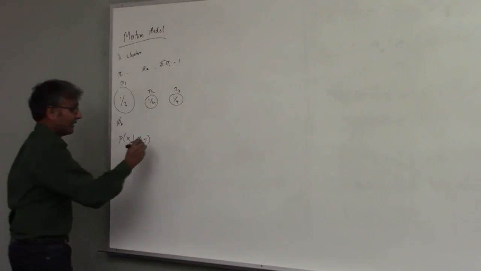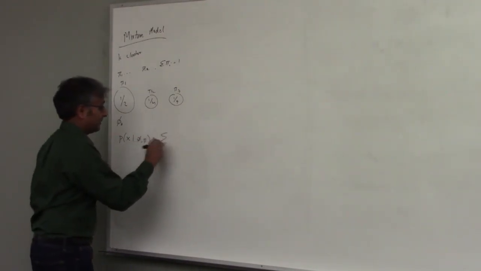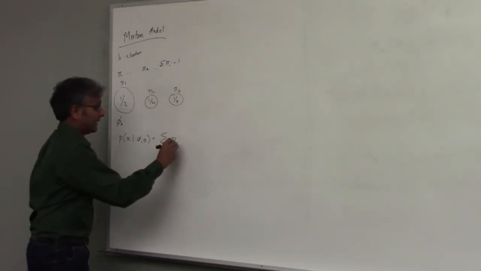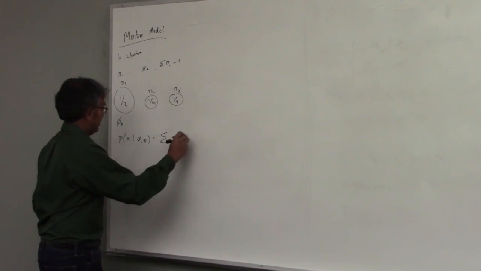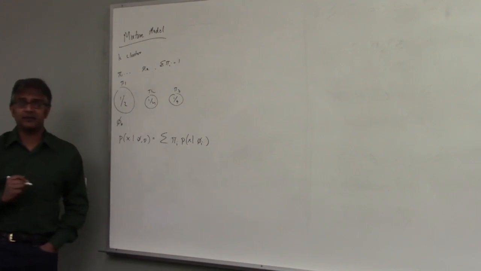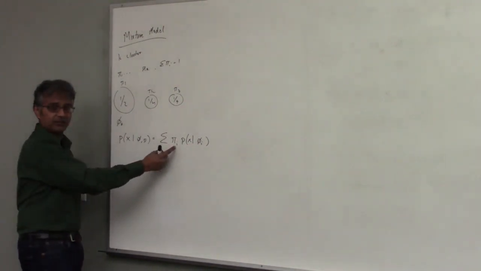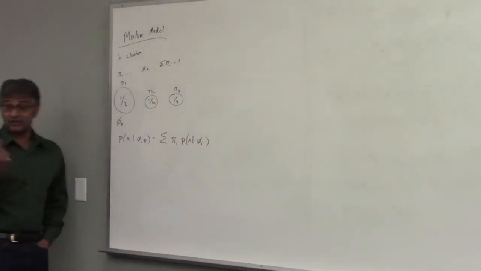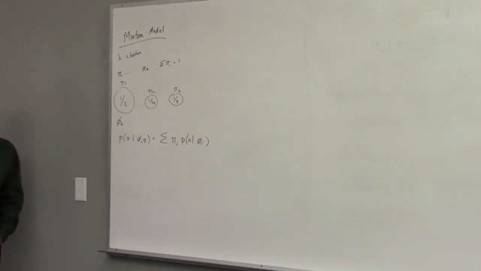So essentially, this would look something like this. It would be the sum of pi i times the probability of x given phi i, which is like saying first pick a cluster with a certain probability, and then pick a point in the cluster distribution associated with that cluster.